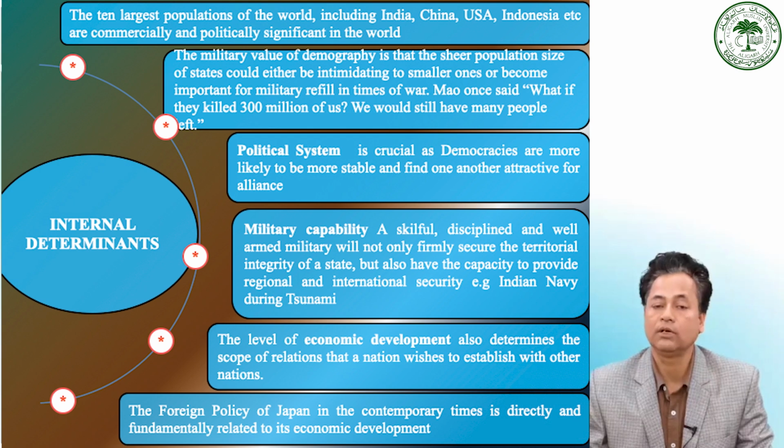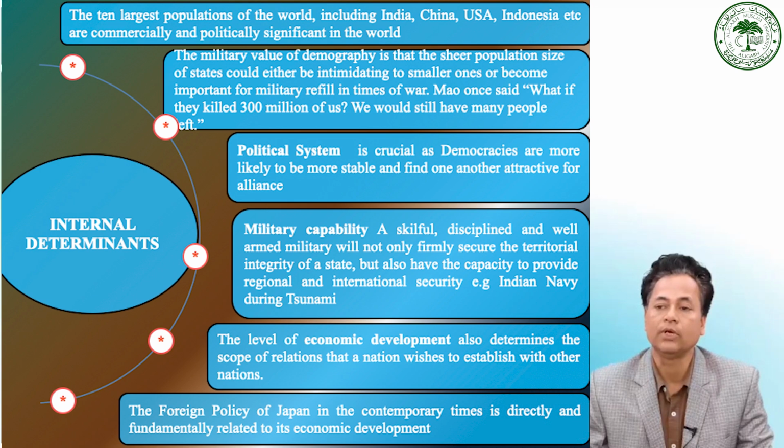You will recall one statement made by Chairman Mao in the context of the American threat to use nuclear weapons against China. Mao remarked that if they kill 300 million of us, then we would still have many people left. That underscores the significance of population or demographics in a country's foreign policy.